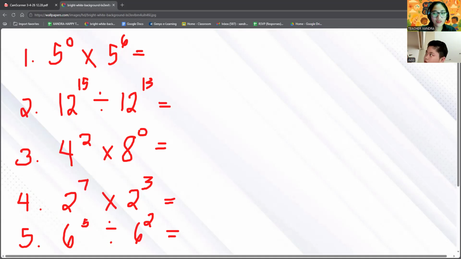If you have the same base when it comes to product rule, you just have to add the exponents. And when it comes to division with the same base, you just have to subtract them.